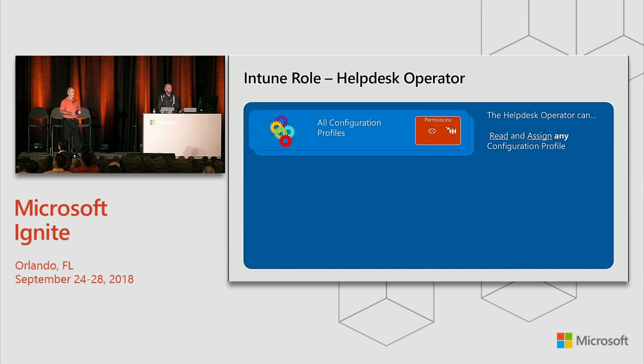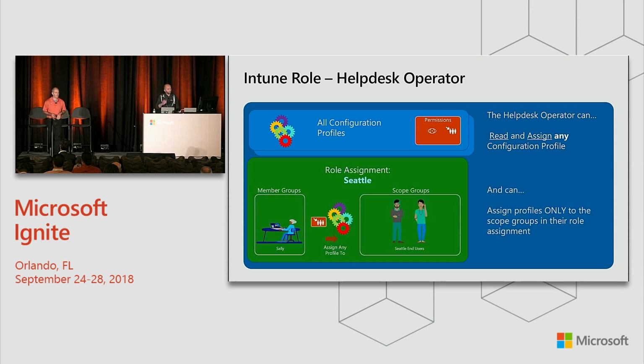Our Intune role, we've moved down to the very bottom of the stack that I showed. Our Intune Help Desk Operator role has limited permissions for a certain group of resources, such as configuration profiles. So any help desk operator, I'll just use Sally as my example here, could view or read all of the configuration profiles, and maybe she needs to assign them out. So if somebody calls and they don't have the VPN profile, she can assign it out to them.